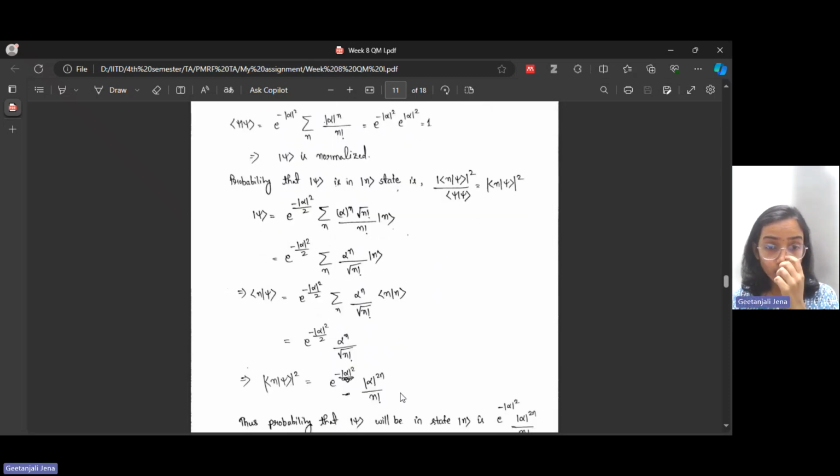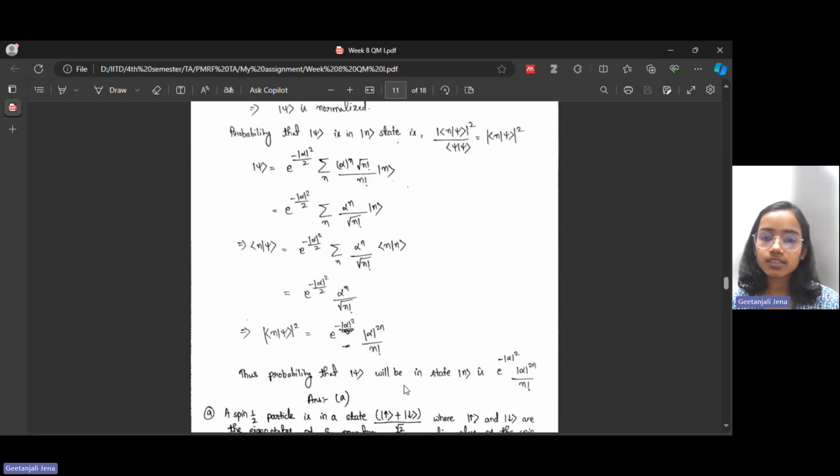Now if you calculate the inner product of n with psi squared, then this is nothing but e to the power minus alpha square, alpha to the power 2n by n factorial. So that means you got the probability. Probability is nothing but the inner product of n with psi whole to the power square.